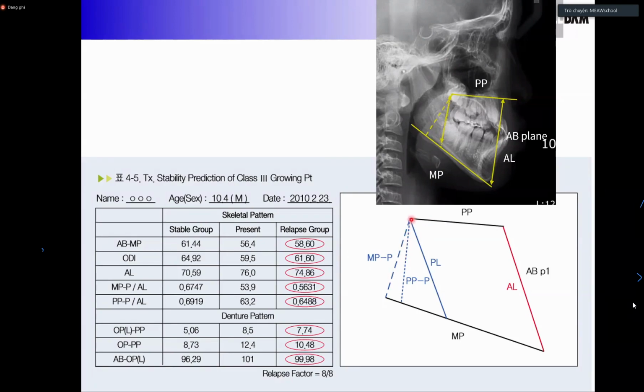This is PNS and a perpendicular line to the mandibular plane. This is called MPPP. And also this line is from palatal PNS perpendicular to the mandibular plane. So at that time, I wanted to know the posterior part clearly.